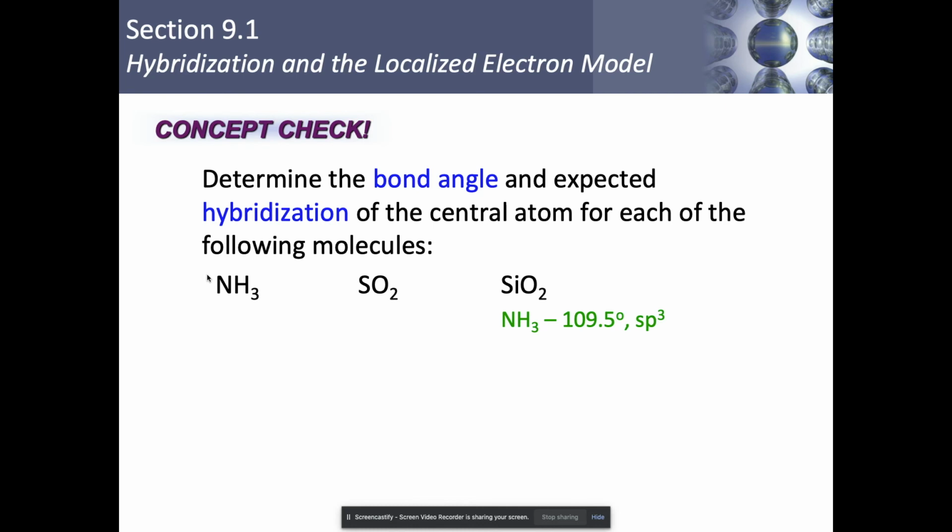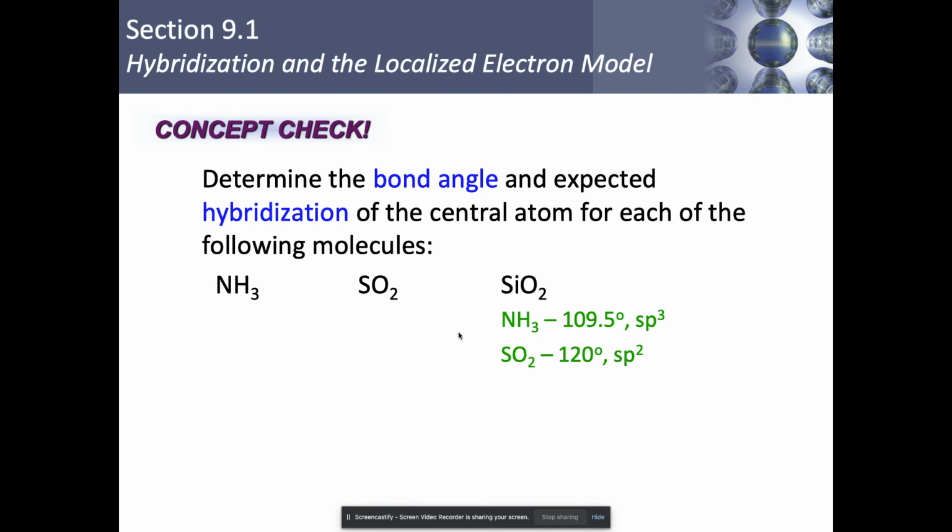Okay, what about SO2? SO2, 120 degrees, so it must be sp2 hybridized. And again, if you actually draw it, there's going to be a lone pair of electrons on your sulfur. So you might think, okay, well, it's bent. Yeah, but again, if we include our lone pair in our picture, everything's at 120 degrees angle from the lone pair downwards.